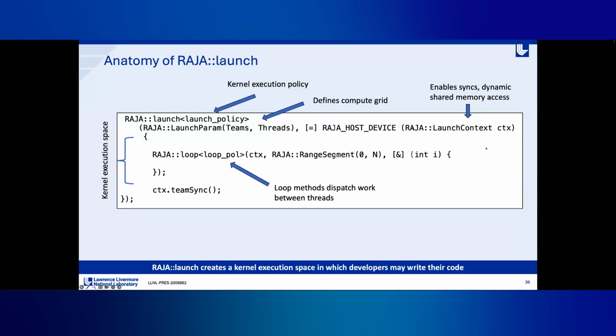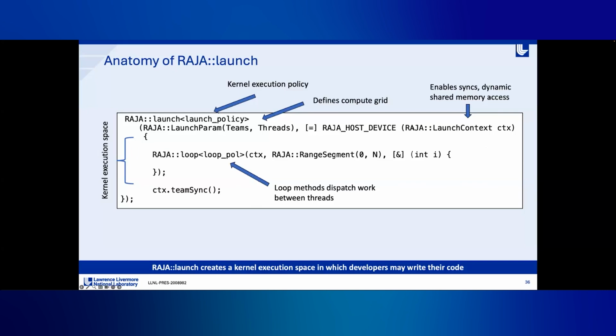The Raja launch context enables synchronization between threads in a team and shared memory access. The context basically gives us access to other CUDA features, like synchronizing locally within a team.